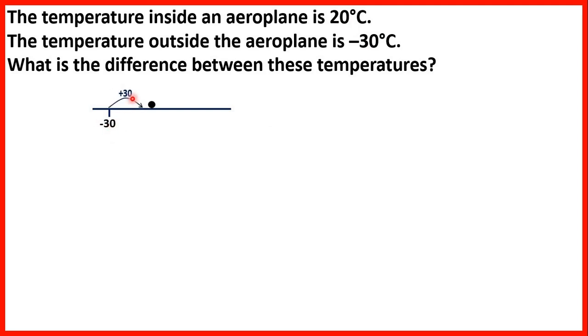And then if we add 30, that will take us to 0. And then to get from 0 to 20, we just need to add 20. So if we need to add 30 and then add 20, that's a difference of 50 altogether because 30 plus 20 is 50. So the difference between these temperatures is 50 degrees.